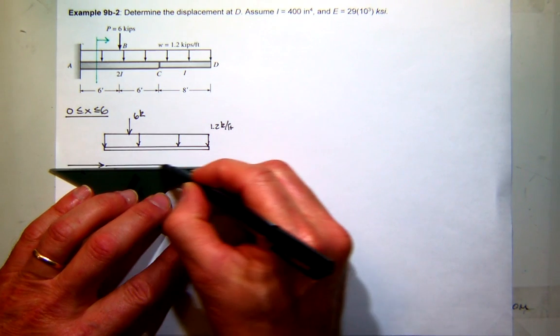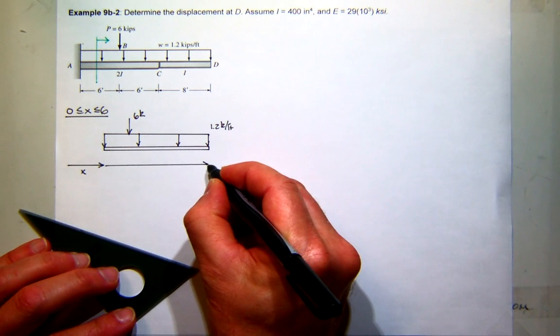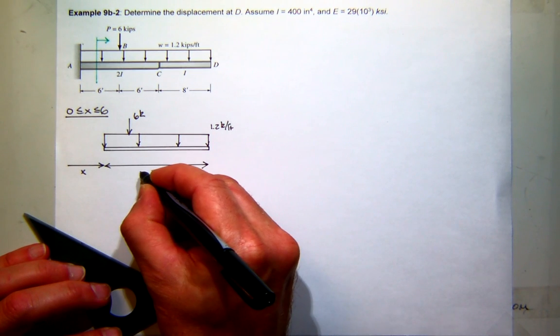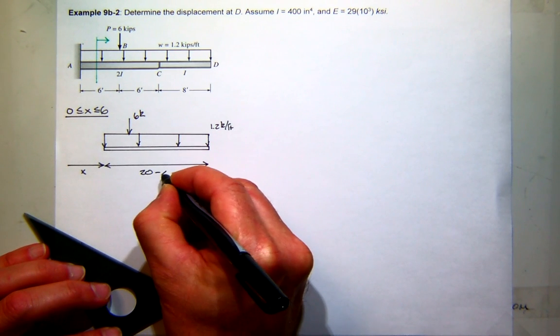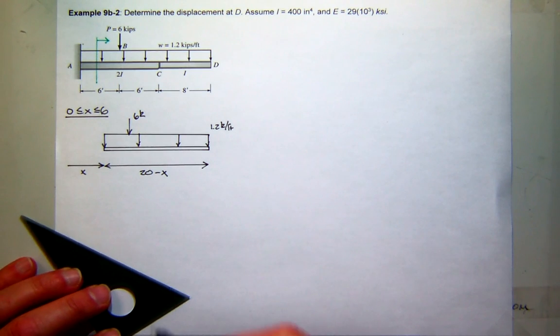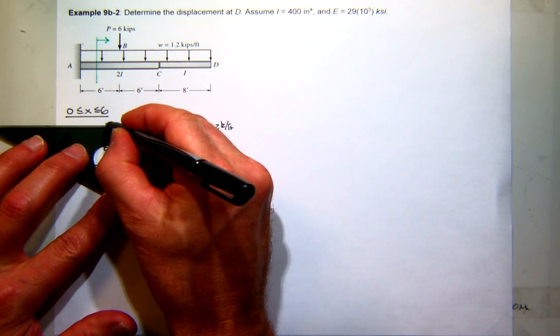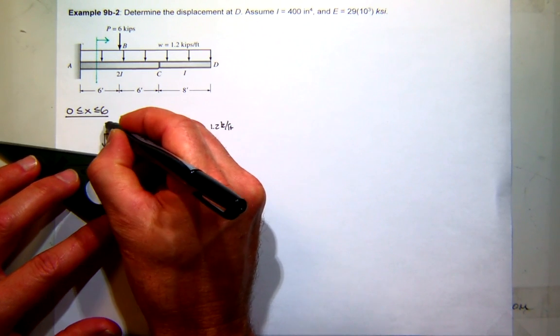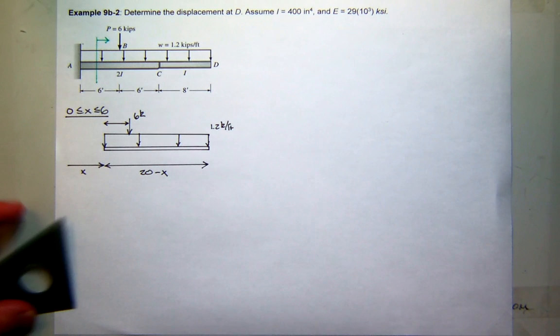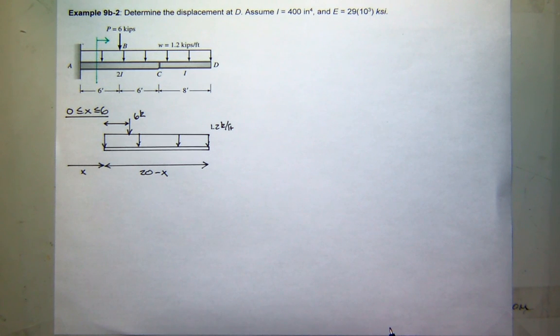So what's the length of this end piece? 20 minus x. What would be this distance right here? Six minus x.